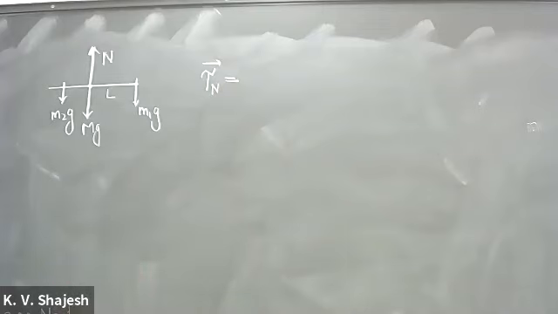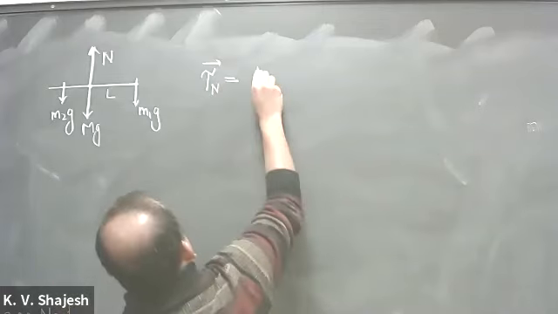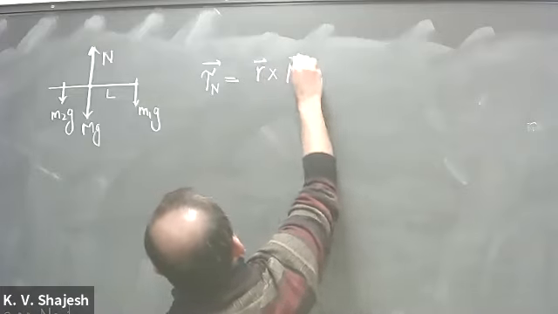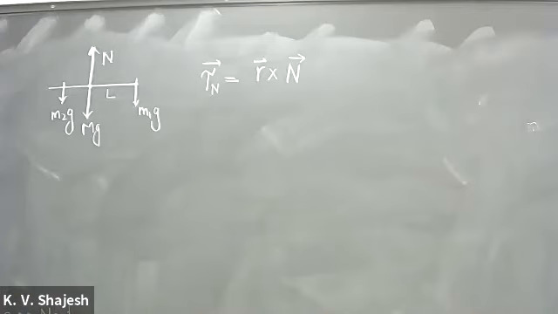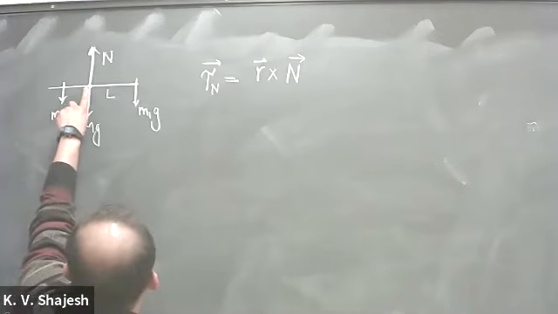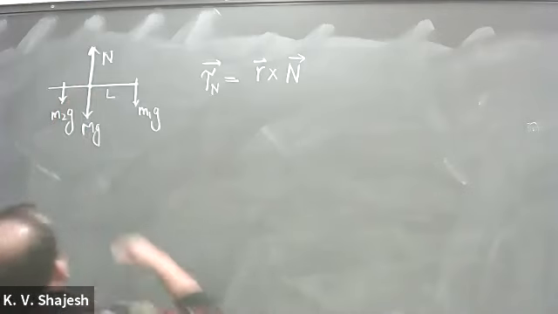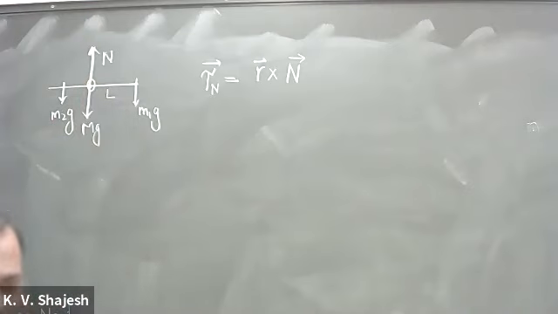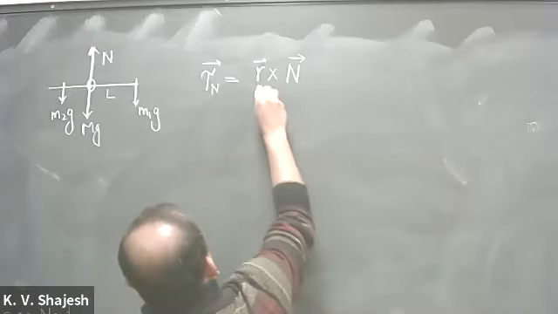We have to look for R crossed with F, so this is R crossed with the normal force. R here is the distance between the axis and the point where the force is exerted. So it's important where you draw the vector. The normal force acts on the center of mass, which is right here, and the axis is also the center of mass. We choose our axis to be the center of mass, so that's 0. So R is 0.